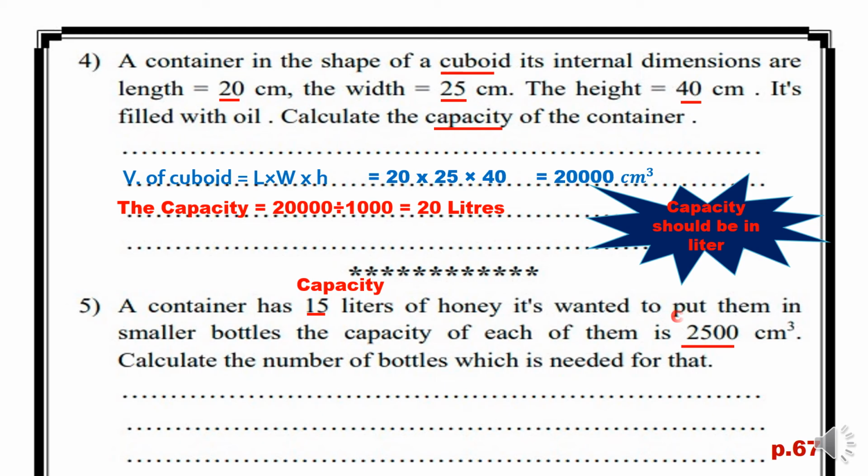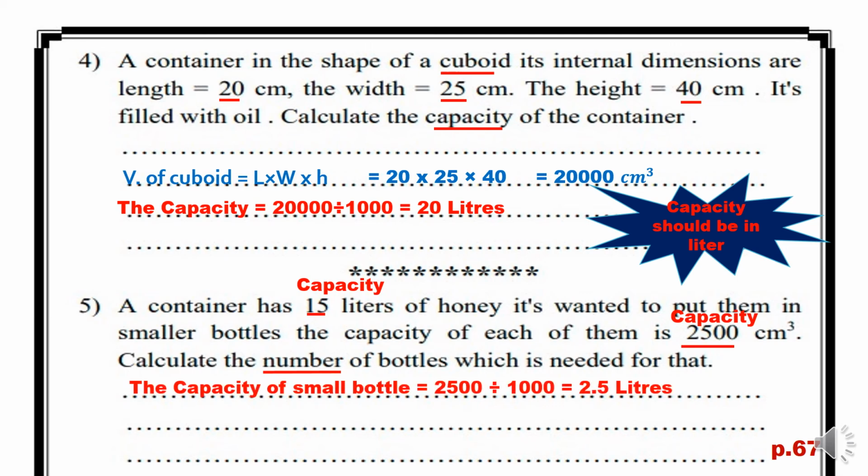Whenever I want to calculate the number, it means big capacity over small capacity. As we used before to find the number when I have the volume, it was big volume over small volume. So first I have to find the capacity of the bigger container, and then the capacity of the bottles, and then I get the number.